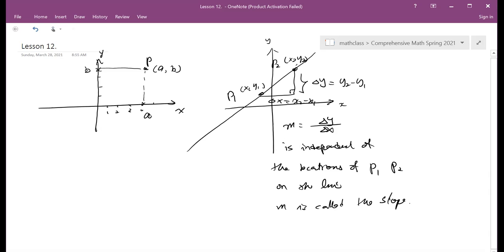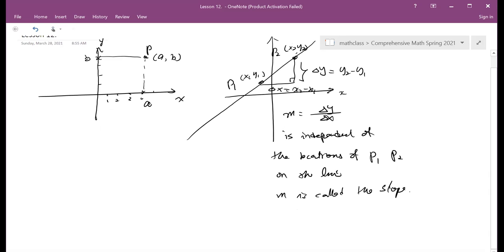Okay, using the slope of the line, you can find a relationship for the coordinates of an arbitrary point, because the slope is independent of the points on the line. So you can calculate the slope in any slightly different way. You can use these two points: y2 minus y1 over x2 minus x1.